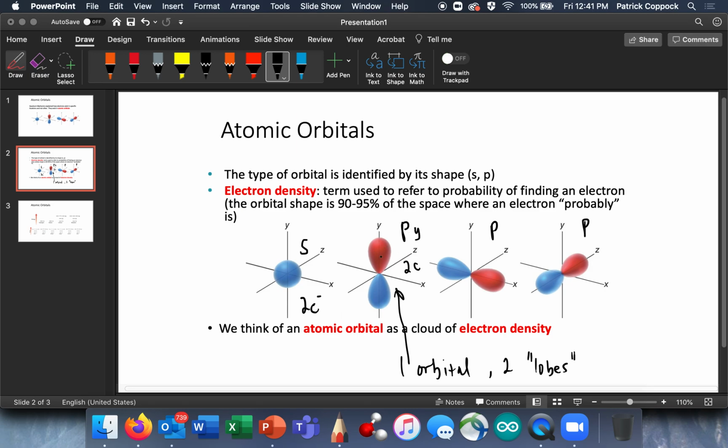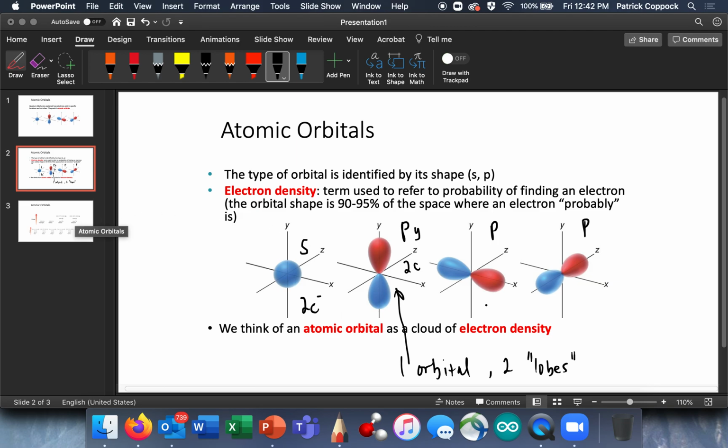And it's not that one goes here and one goes here. They both go both places. Okay, so there's only two electrons in this orbital, two here and two here. We're oftentimes going to be thinking about atomic orbitals really as a cloud of electron density. And it turns out we draw these things here, and this represents about 95% of the place that electrons can be.